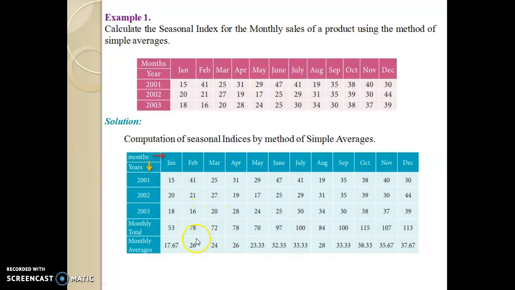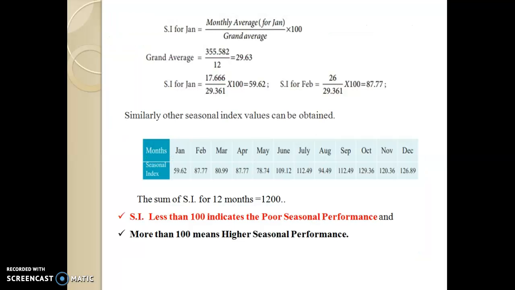Similarly for February, 78 divided by 3 is 26, and so on up to December, last 37.67. And again, as per the step, the seasonal index for January is the monthly average of January divided by the grand average multiplied by 100.